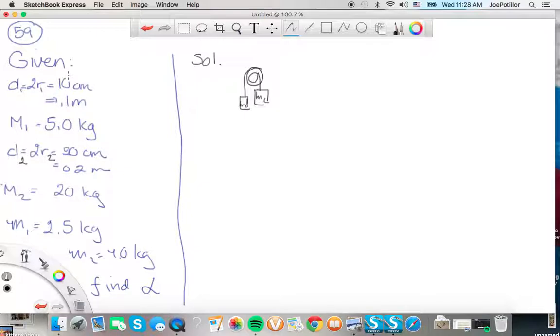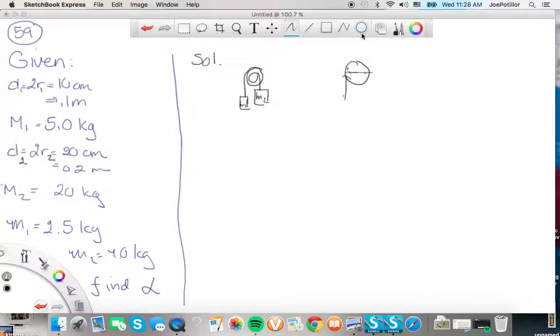All right. So if we draw out the second one, the larger cylinder here with the diameter like this, we have tension coming this way up.